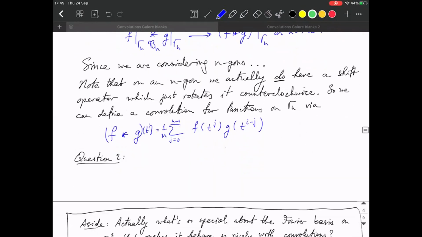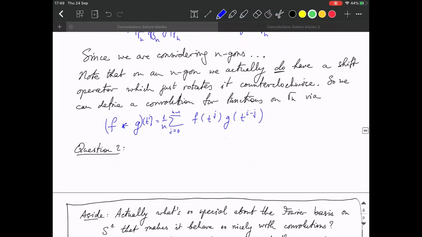And so now we can compare this convolution to the spectral graph convolution just on the n-gon without going to the limit of the circle.